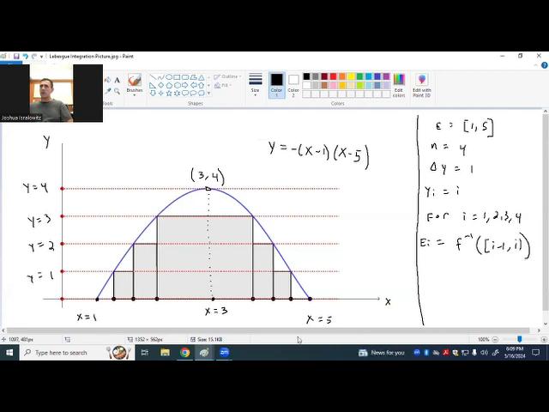This is going to get crowded here, so I probably should use various colors. Let me start off with black. E1 is the inverse image of 0 to 1. Remember, we're thinking of these as partitions of the y-axis from y equals 0 to y equals 4.